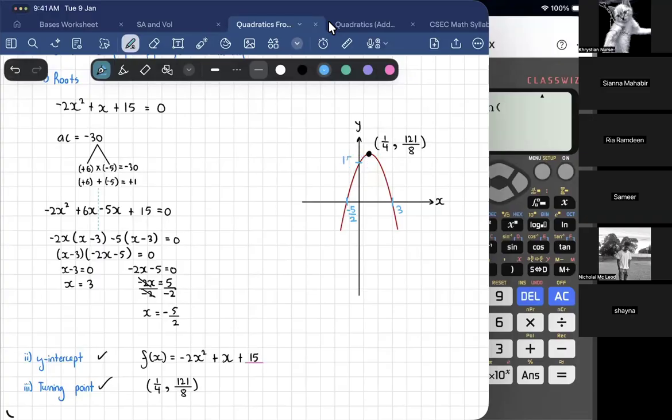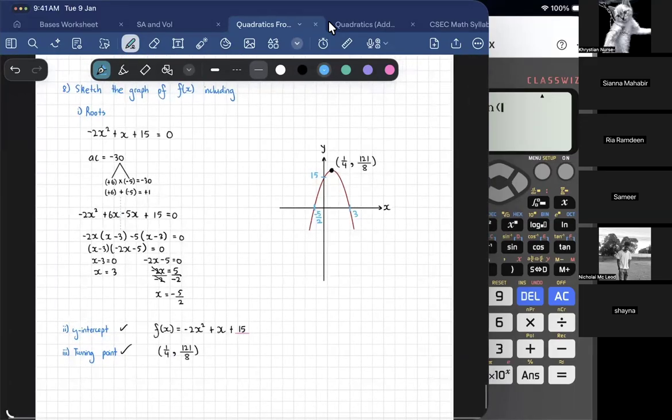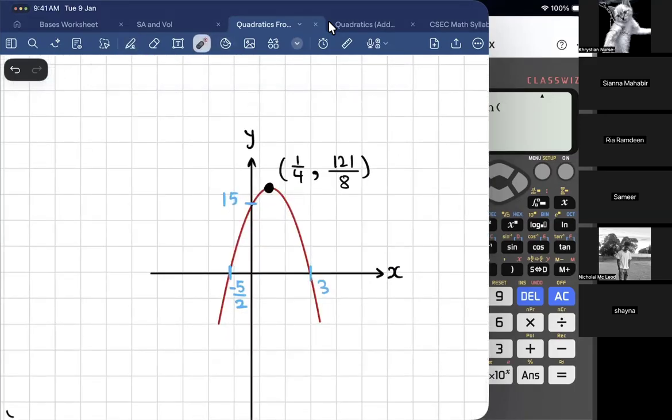Because as you wind this up, if they asked you to draw the axis of symmetry, do you know what you would have to do here? Yes or no? I don't think so, sir. Do you know what the axis of symmetry is?